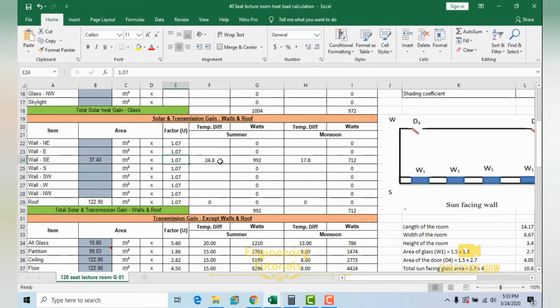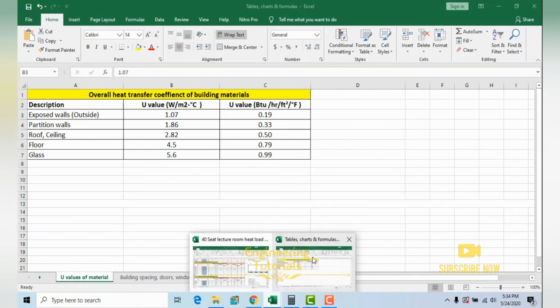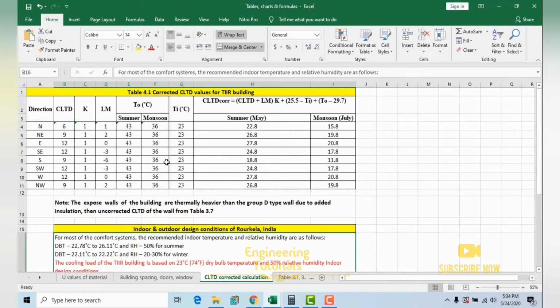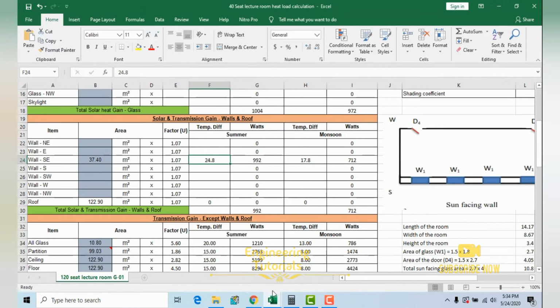And then we have to calculate the CLTD. Now this is very important to calculate the CLTD. Let's move back to our tables here. CLTD corrected, we have to use the corrected CLTD here.